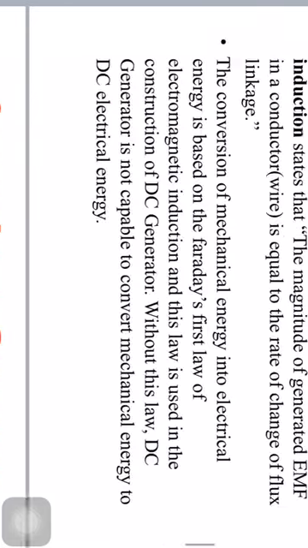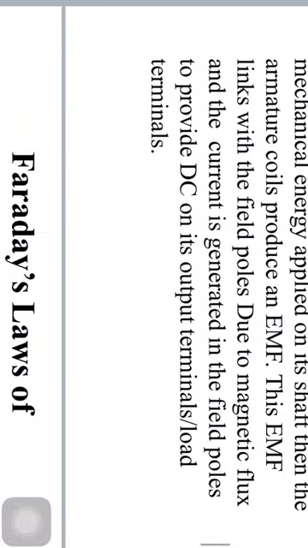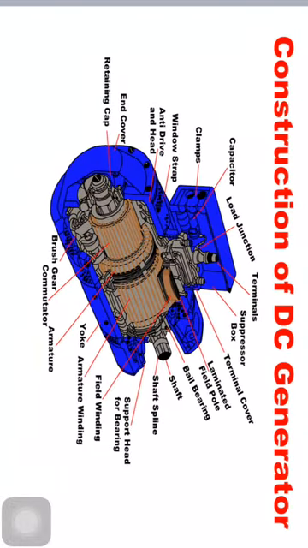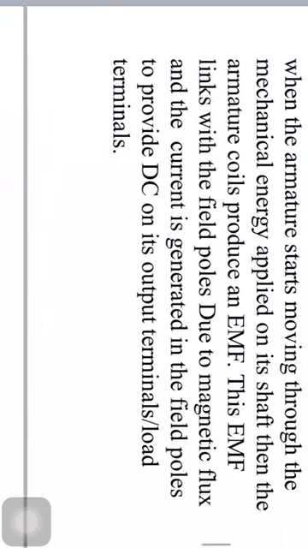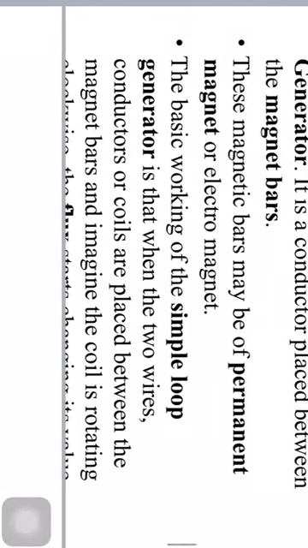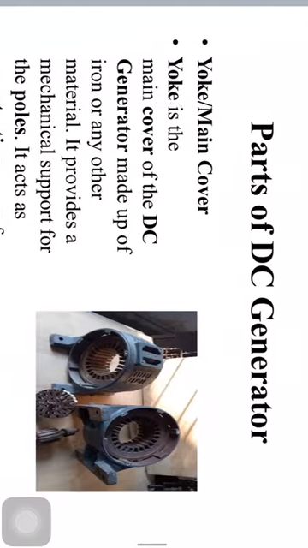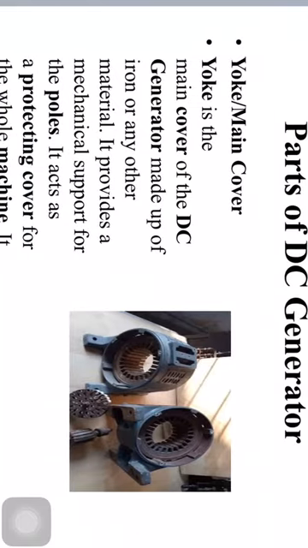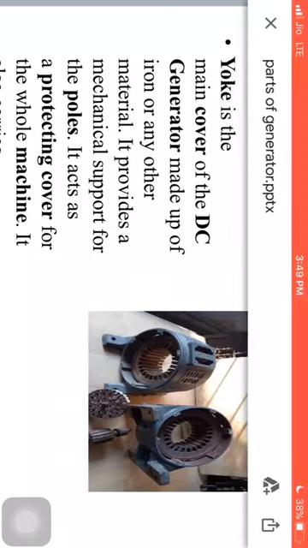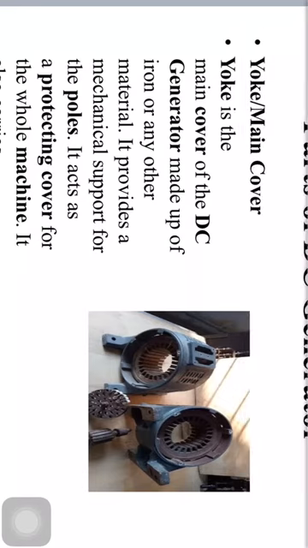Now let us move to the actual topic of today, that is construction of DC generator, that is, the parts of DC generator. The first part is the yoke or main cover.